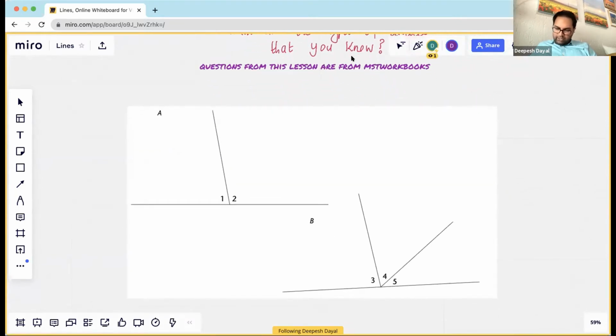Okay, what do these angles add up to? What do the sum of angles add up to in A? That means 1 and 2. What do 1 plus 2 add up to? Anybody want to take a try? 3.